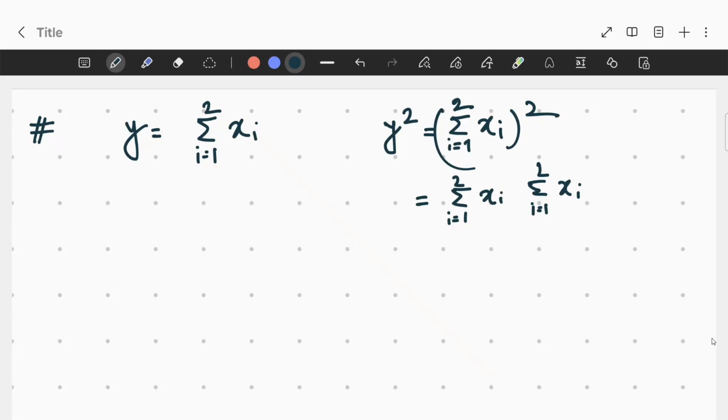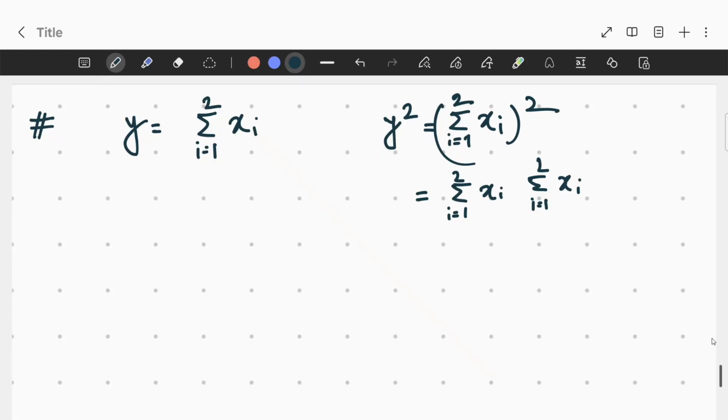Now let's say I will differentiate dy with respect to x1, or any x I want. Then how can we do it?